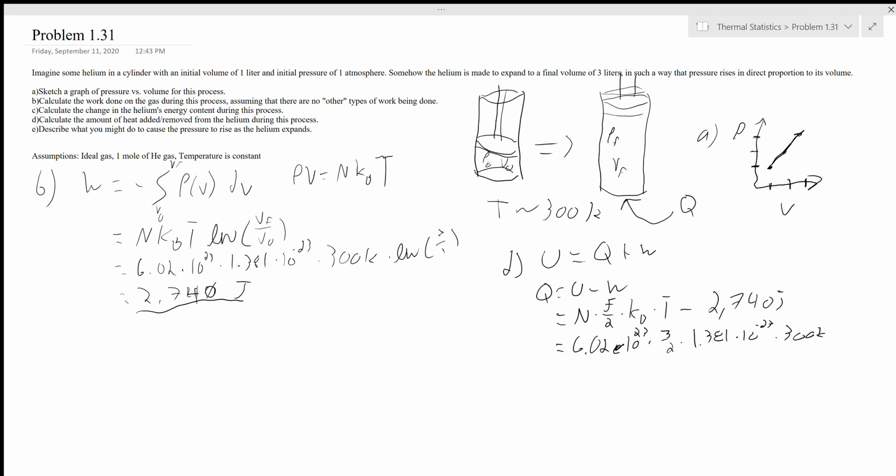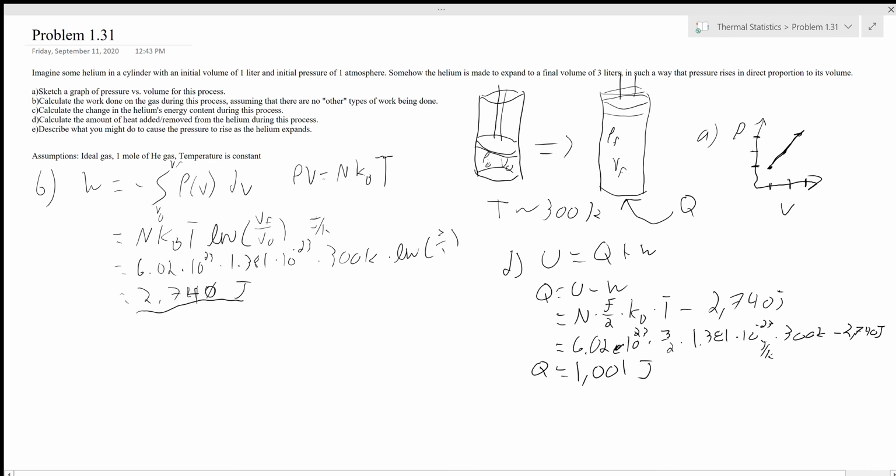Oh, whoops, Boltzmann's constant is joules over K, so that's where that joules comes from. And I'm going to add joules over K here, minus 2,740 joules, which gives me a Q of 1,001 joules.